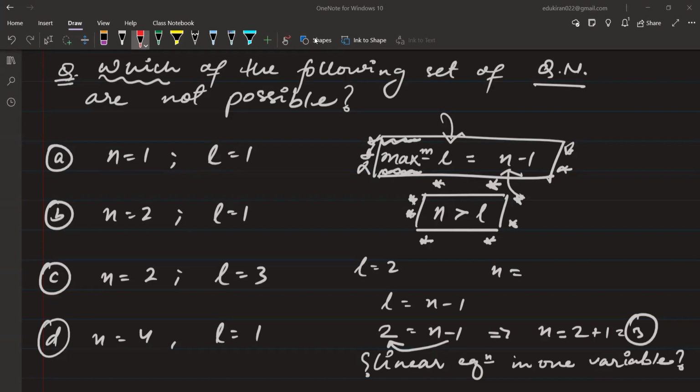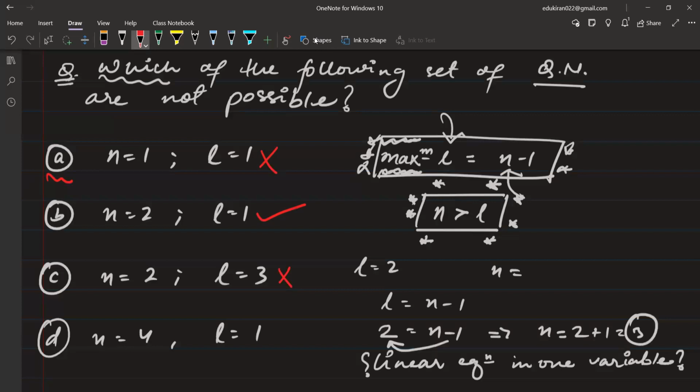Okay, no problem. So is this possible or not possible? Is A possible or not possible? Tell me. Not possible. Very good. What about B, possible or not possible? Possible. What about C, possible or not possible? Not possible.